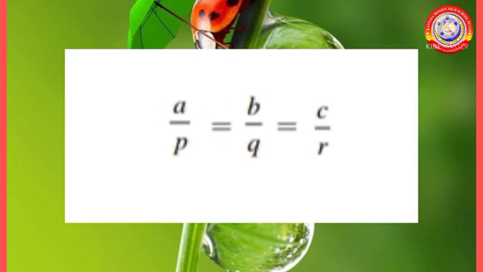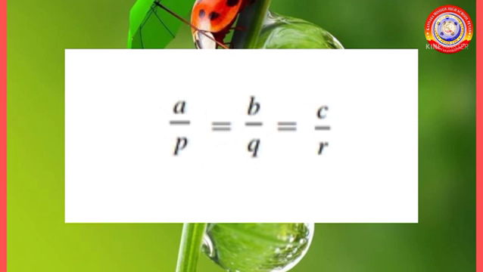What does this mean? Yes, the angles of both triangles are 40 degree, 60 degree and 80 degree. In these, A and P are lengths of the sides opposite the 80 degree angle, and B and Q are the lengths of the sides opposite the 60 degree angle, and C and R are the lengths of the sides opposite the 40 degree angle.